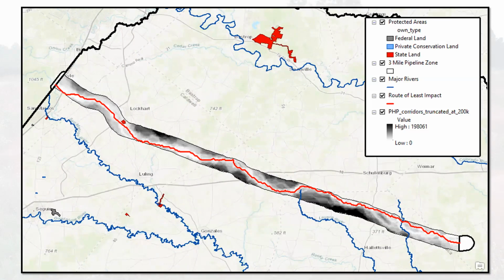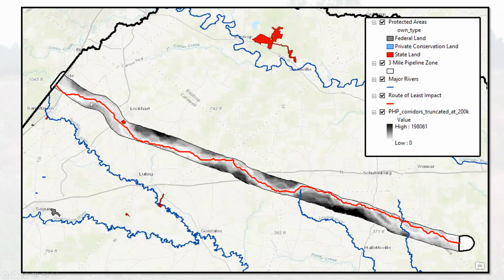And this is what the output looks like. So the red line here is the ideal route of least impact, which is just basically a least cost path between the 2 endpoints. And then the black to white gradient here is showing the broader resistance values.